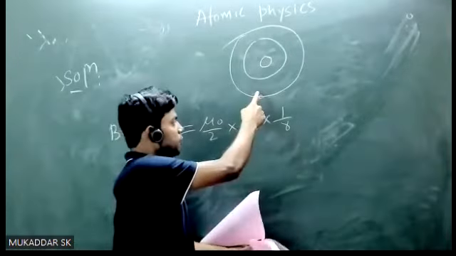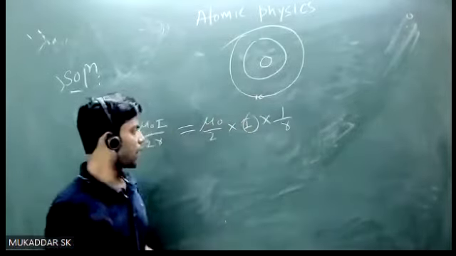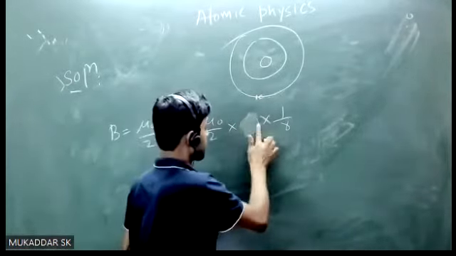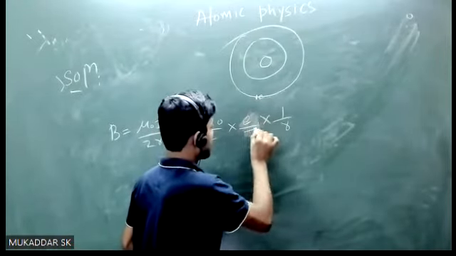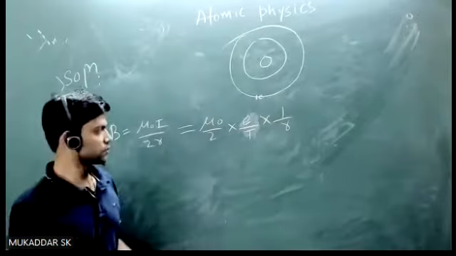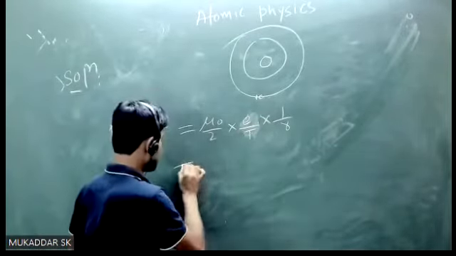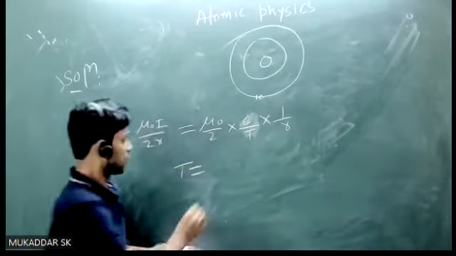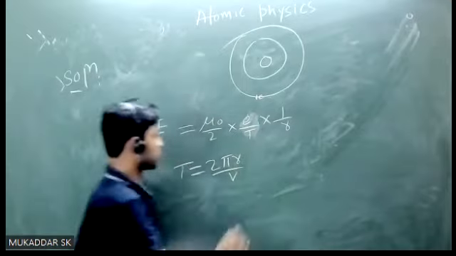So the rate of charge flow at any cross section around this loop will simply be charge divided by its time period. And you know the time period for rotational motion is 2 pi r by v.